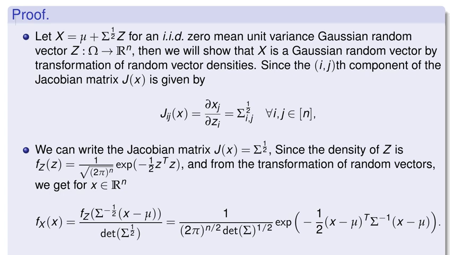Assuming Sigma is symmetric, the term in the exponential simplifies to minus 1/2 times (x minus mu) transpose times Sigma inverse times (x minus mu). Combining the constant terms gives 1 over the square root of (2 pi) to the n times the determinant of Sigma. This yields exactly the definition of the Gaussian density for x with parameters mu and Sigma.